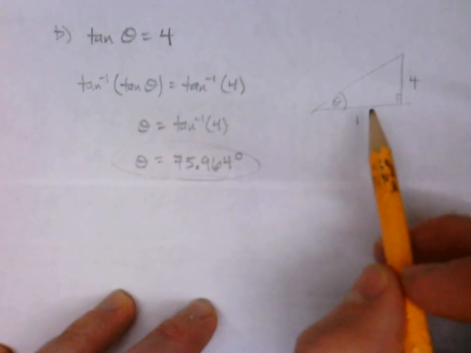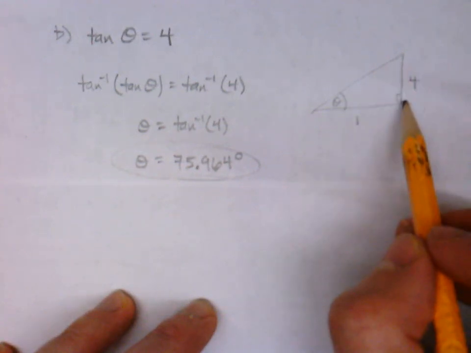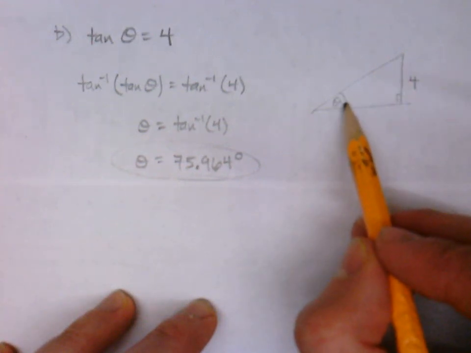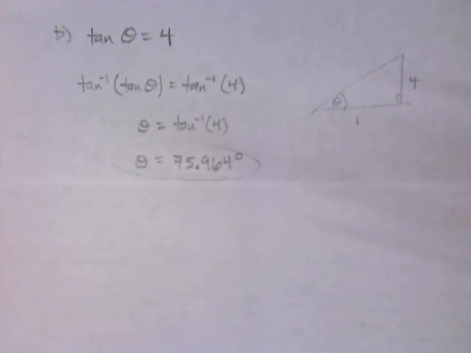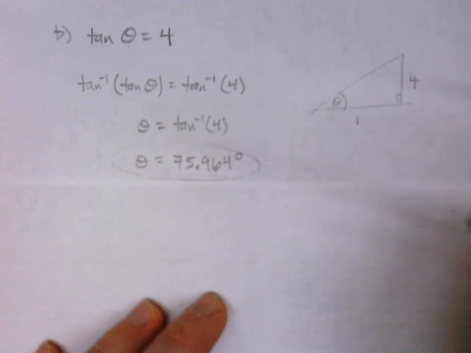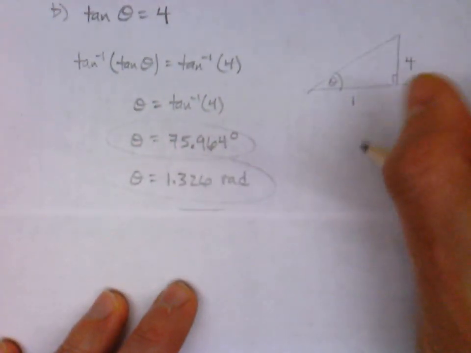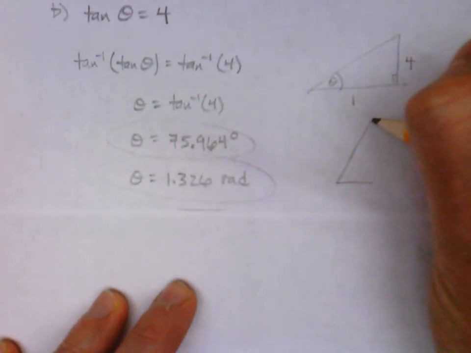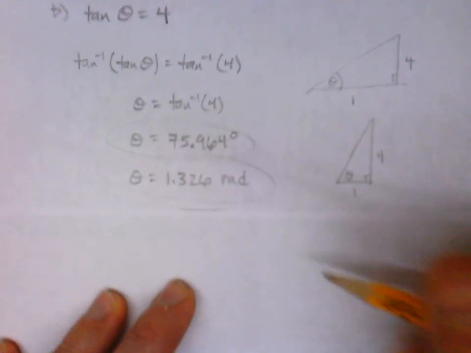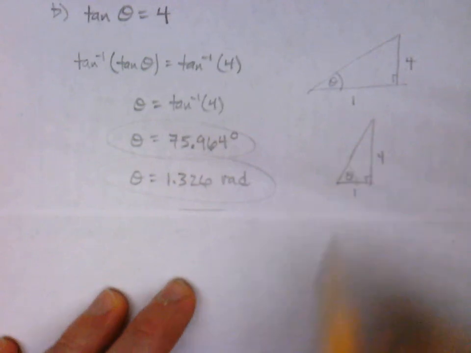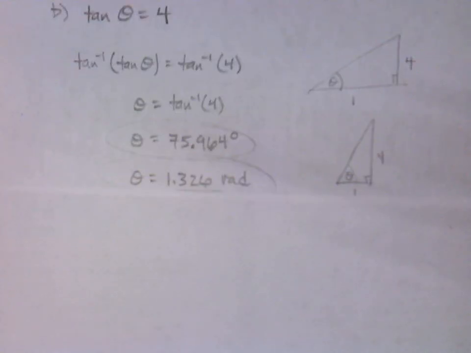My drawing is not to scale, but imagine that's 4 times as big as this. What angle would it be? 75.964 degrees. Probably a better drawing would be something like that, right? There's 4, there's 1. 75, almost 76 degrees.